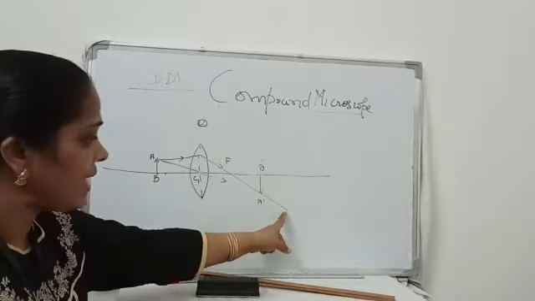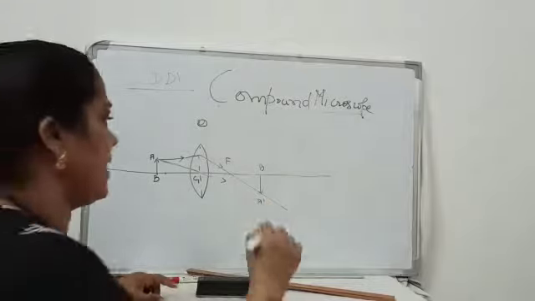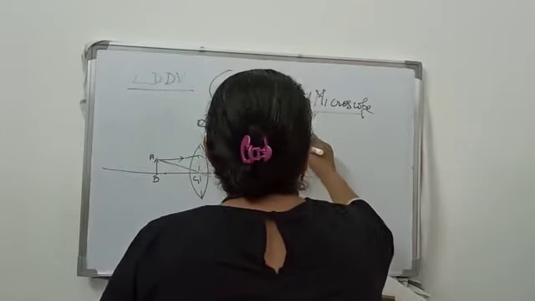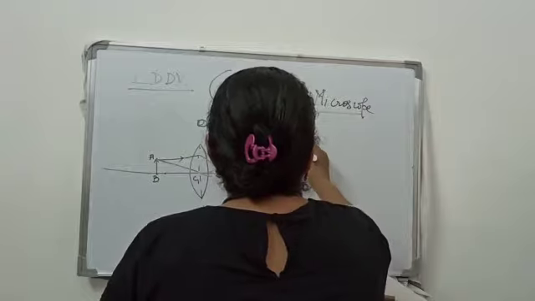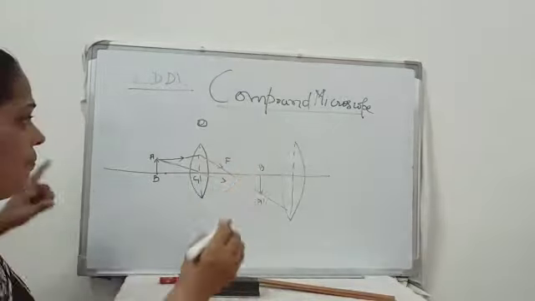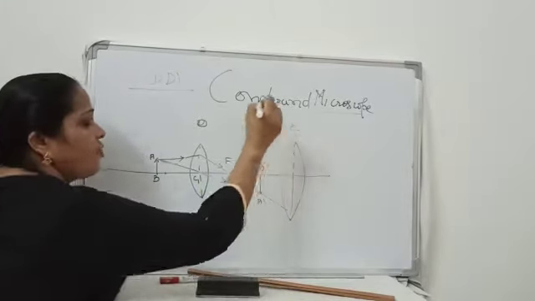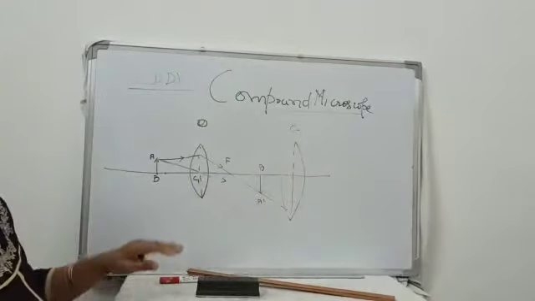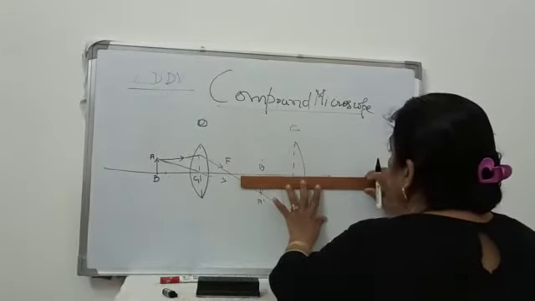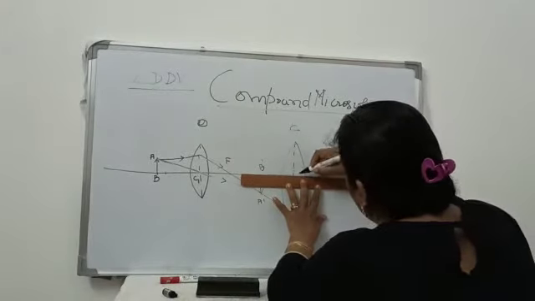Now we have to place the eye lens over here. This eye lens has a focal length and aperture which are slightly greater than this.